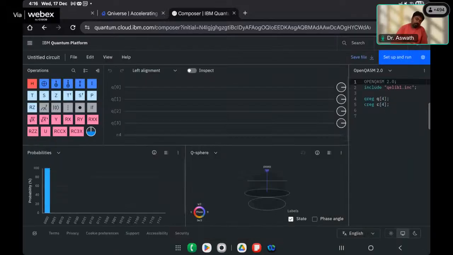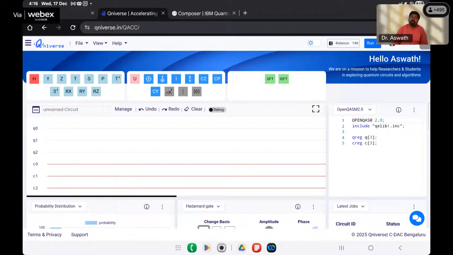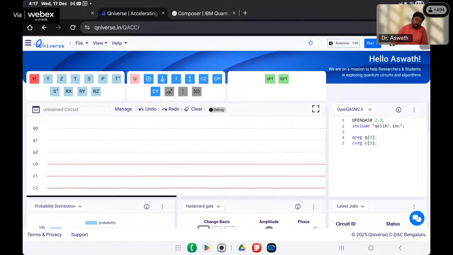But anyway, I suggest you use the C-DAC or Indian simulator, which is QN inverse, qninverse.in. Probably the C-DAC people are going to show you some simulations. But when it comes to the Bernstein-Vazirani algorithm, I'll show you how to implement it. They have everything ready made.